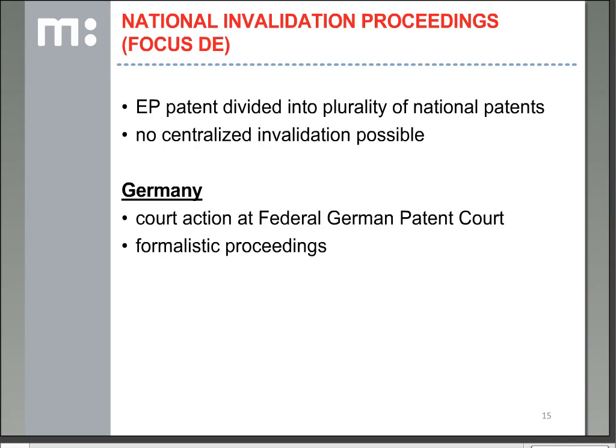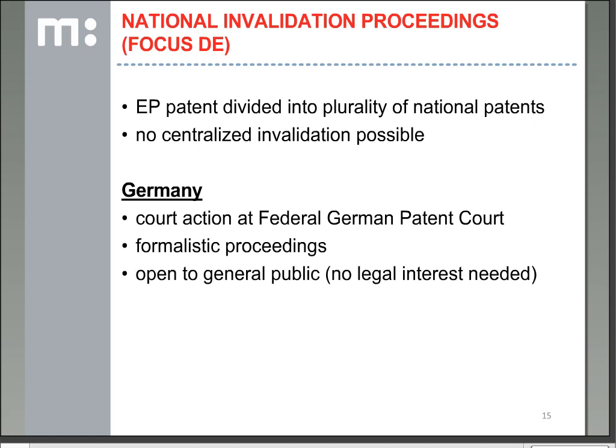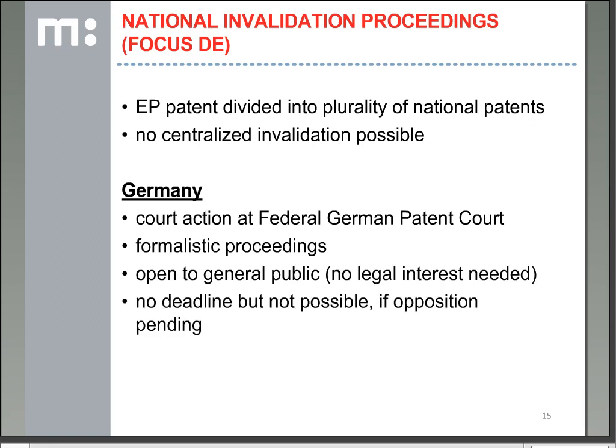Again, it's open to the general public. You don't need any legal interest. And there is no deadline. You can file it as long as the patent is in force or even after it has expired. In this case, however, you need a legal interest.